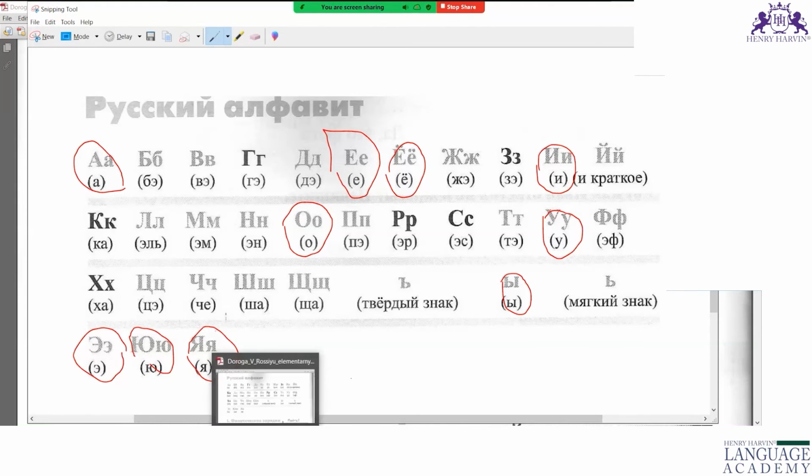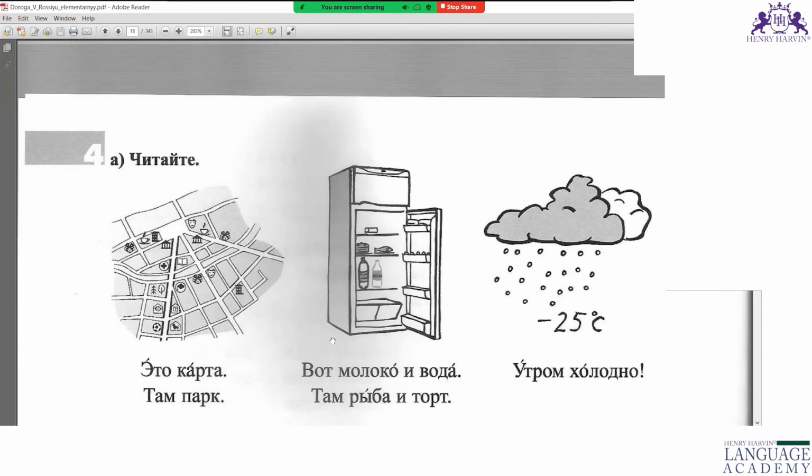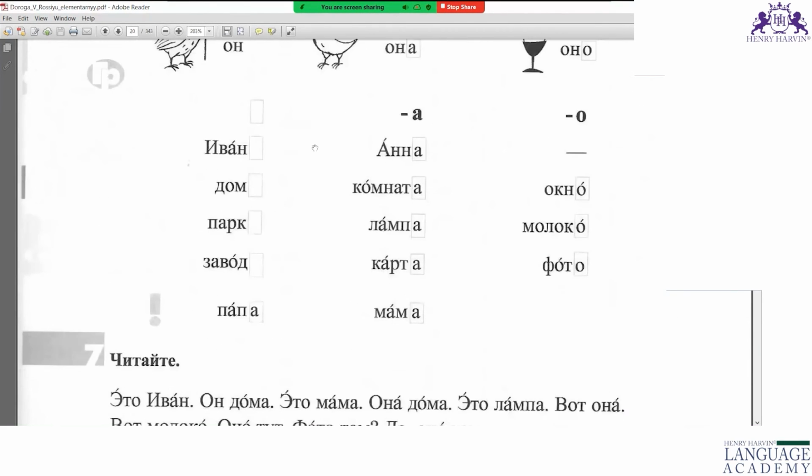Now, if the word ends in a consonant, like Б, В, Г, Д, or any other consonant, then this word is masculine. If the word ends in А, then it is feminine. Let's have a look here. Okay, so here we have masculine, right?